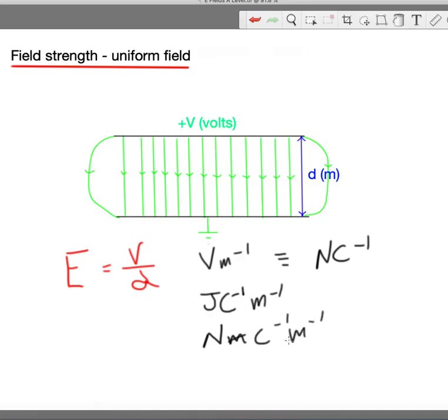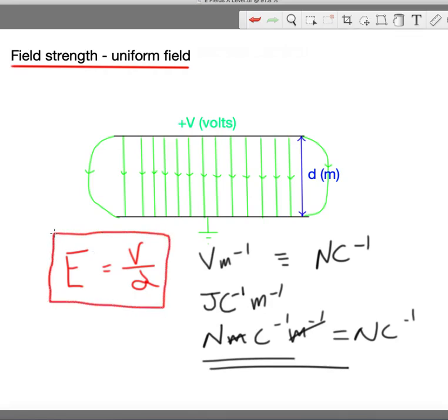So the meters will cancel. We've got newtons per coulomb. So there you go. So you have two expressions then for field strength. You have one for your uniform field here, and the other for your radial field. Make sure you're using the right expression for the right kind of field.